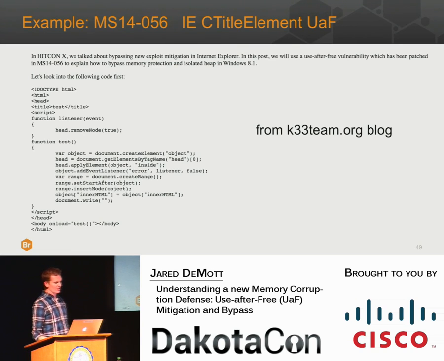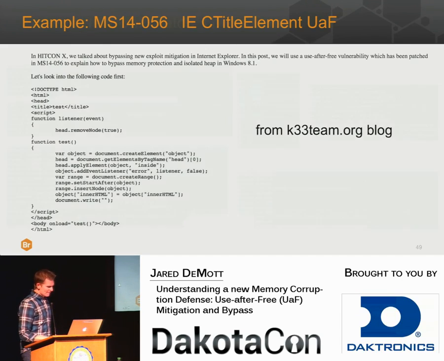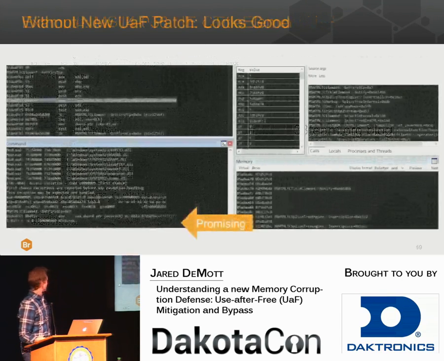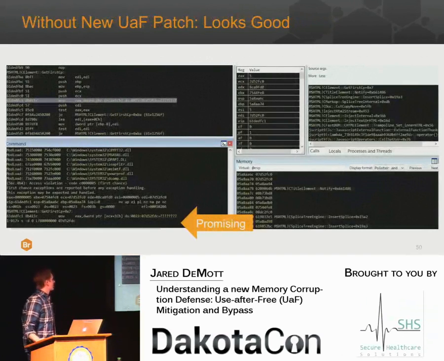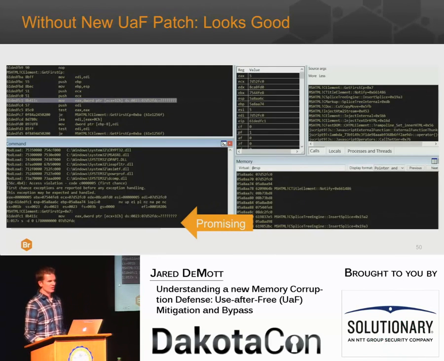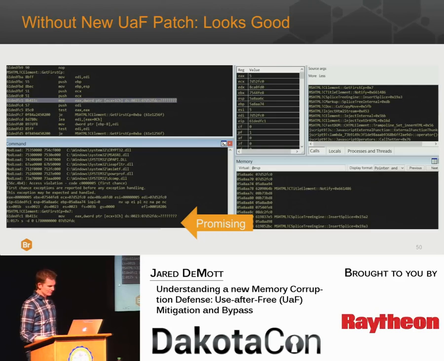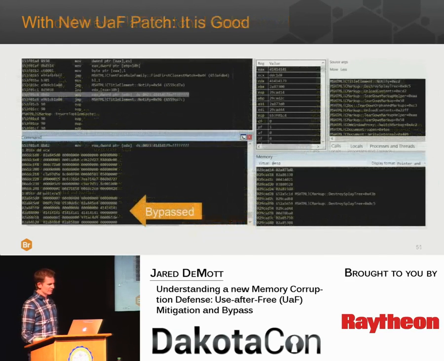So it's very similar in that sense without getting into all the details of the bug. And it's very promising in the sense that at the time of the crash, when we do a search for that object's address, the base pointer of that object, we see that there's no results at all, which is really good. So we could probably do something with it.